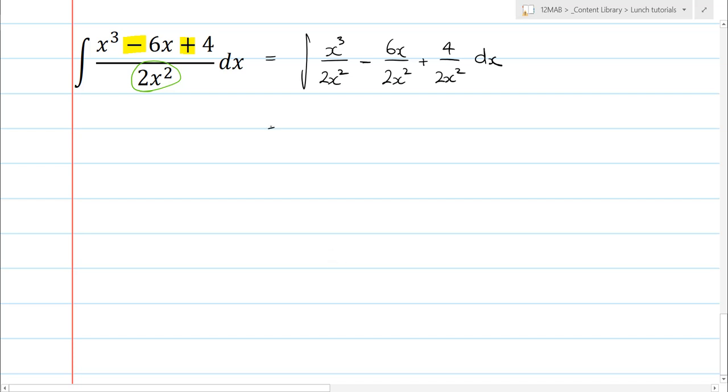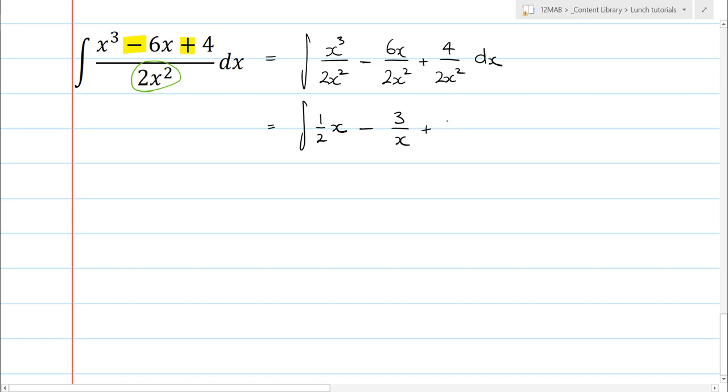Now I have 3 separate terms. When I integrate this, the x cubed divided by 2x squared gives me a half x. And that's pretty easy to integrate, a half x. And when I divide the next one through, 6 divided by 2 is 3. But of course I end up with 3 over x. That's not too bad either, honestly.